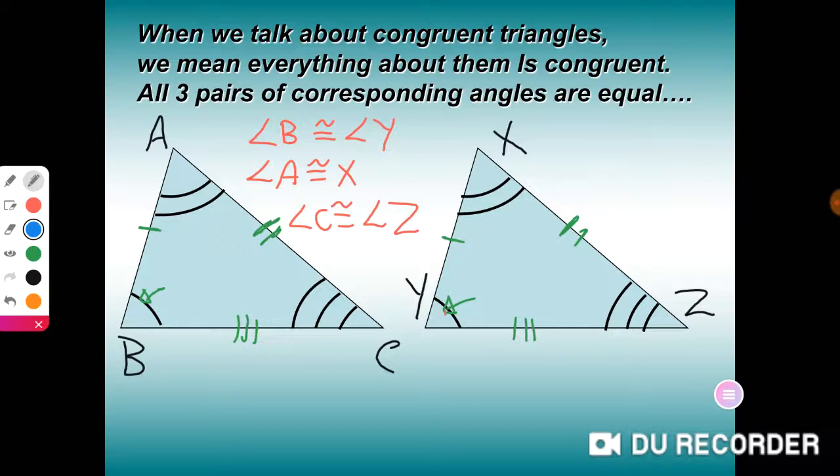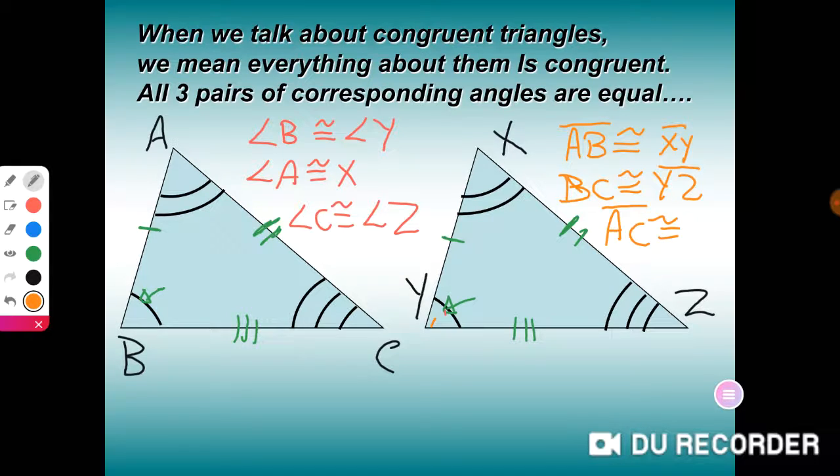So let's list the corresponding sides in each triangle. From the first triangle, I can say that line segment AB is congruent to the line segment XY, and from the first one, which is BC, is congruent to the one which is YZ from the second triangle, and the line segment AC is congruent to line segment XZ.